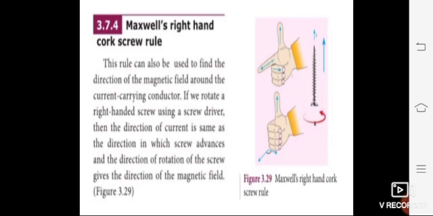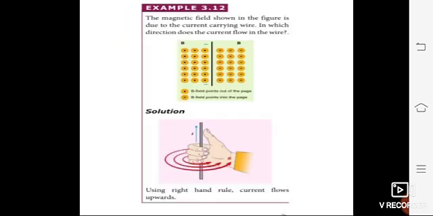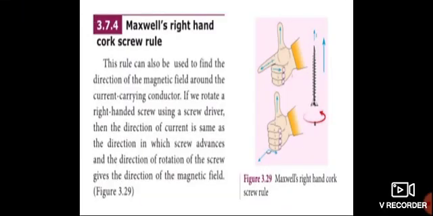Okay students, here the screw is rotated using the screwdriver; the direction of rotation indicates the direction of the magnetic field, and the direction in which the screw advances indicates the direction of the current passing through the conductor. So this is Maxwell's right hand screw rule.